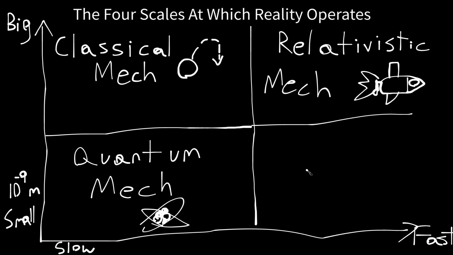And then finally, what about the fast things that are at or approaching the speed of light that are also smaller than a billionth of a meter? This is the most obscure realm of physics, known as quantum field theory.